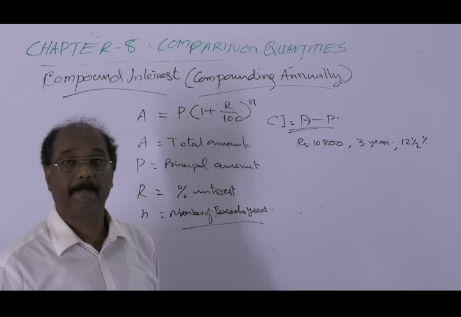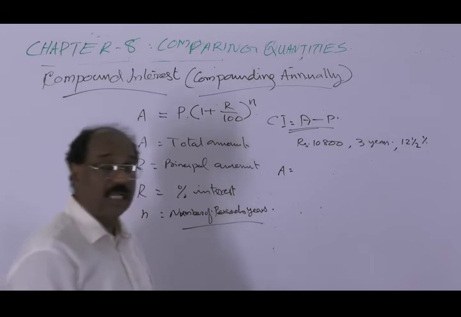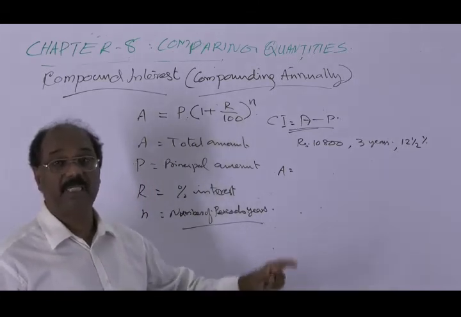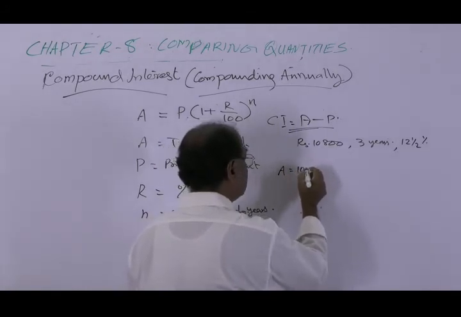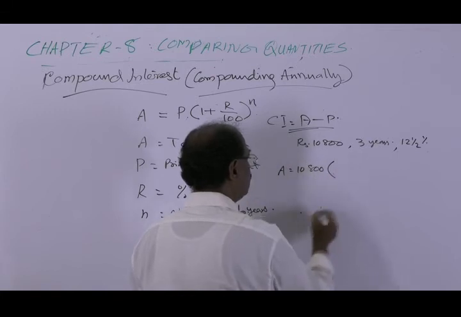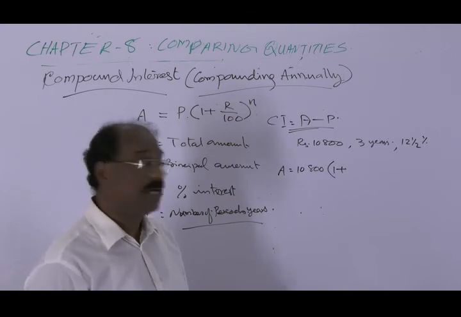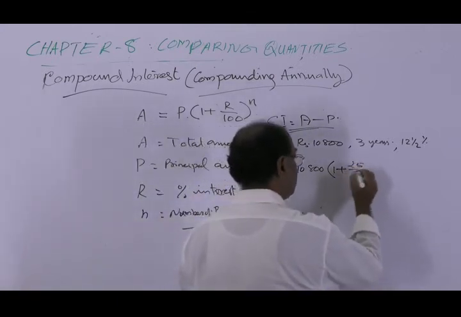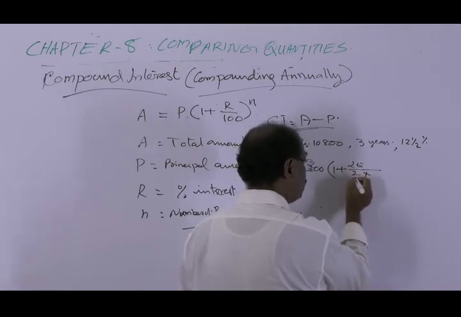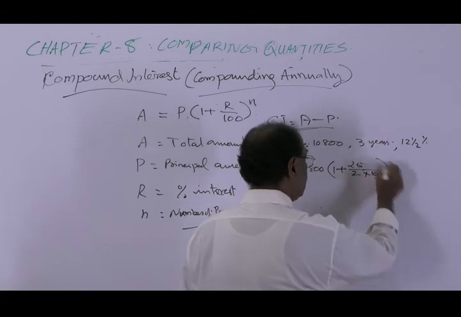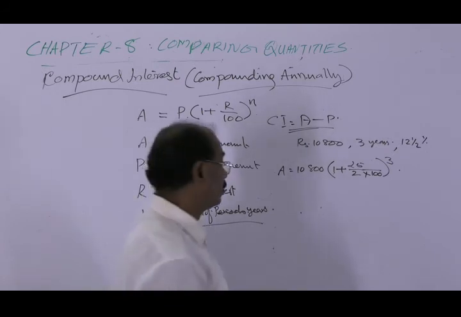Then A, that is the total amount after the period, is equal to P into (1 plus R by 100) raised to N, which is 10,800 into (1 plus 12.5 by 100) all raised to 3. 12.5 is 25 by 2, so 25 by 2 divided by 100 gives 25 by 2 into 100 in the denominator, all raised to 3, the number of years.